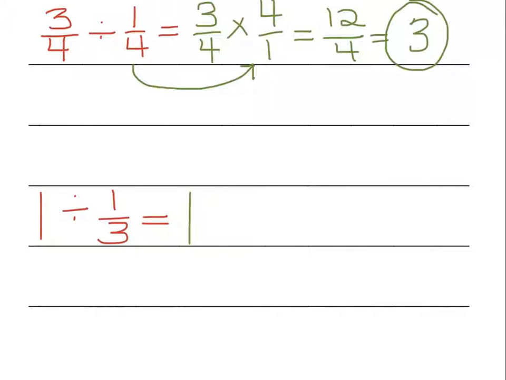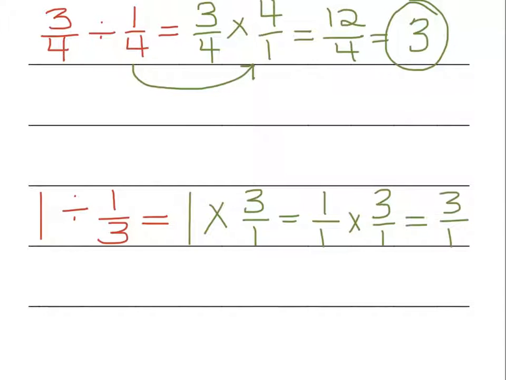So 1 times 3/1 equals, well, wait a minute, I needed to make that 1 a fraction too. So it would actually be 1/1 times 3/1 equals 3/1, which equals 3. So that's my answer.